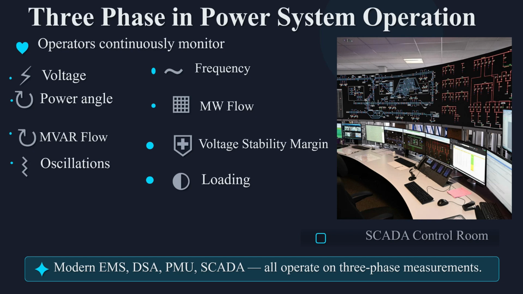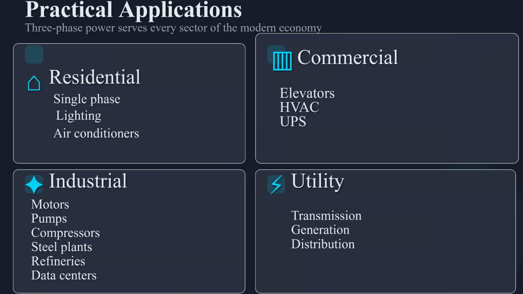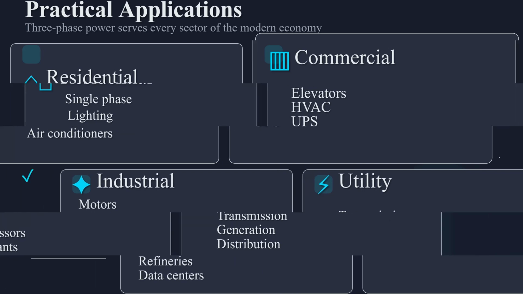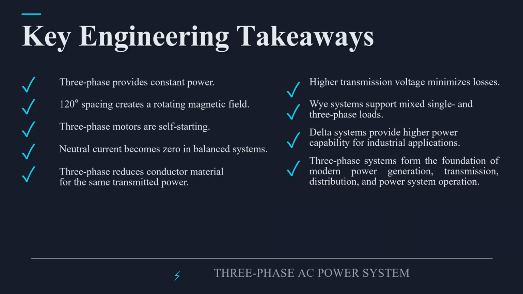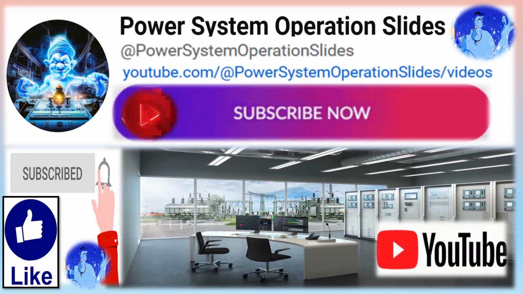Combined with transformers, the neutral conductor, proper power factor management, and continuous monitoring by skilled system operators, three-phase AC technology delivers the reliable electrical energy that supports modern economies and everyday life. Every time electricity is generated, transmitted, or consumed, the principles of the three-phase power system are working silently in the background to ensure safe, stable, and efficient operation.